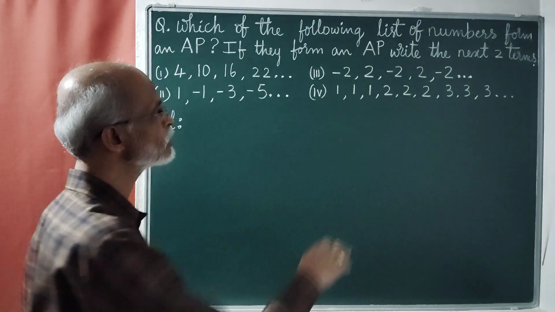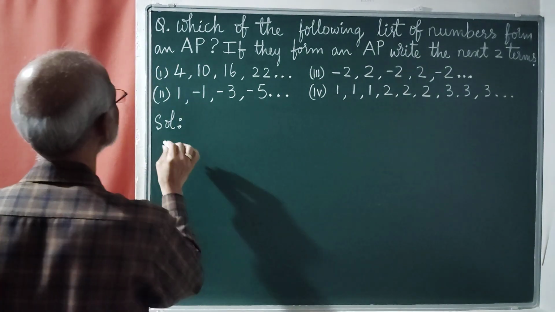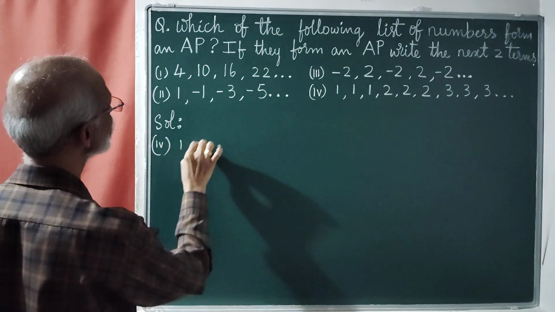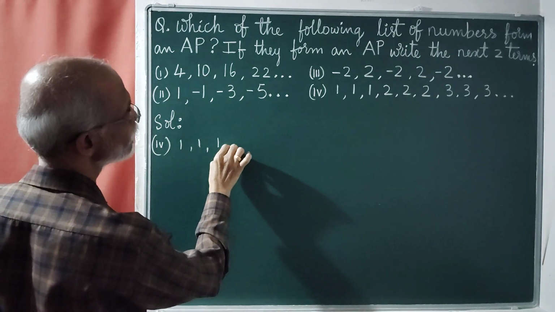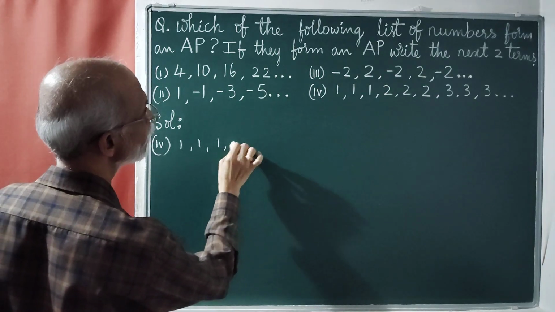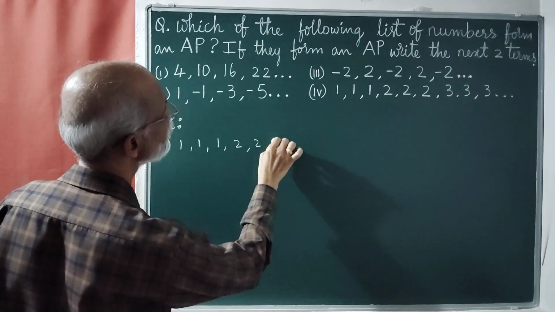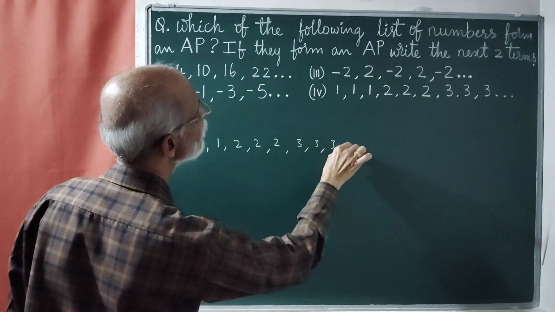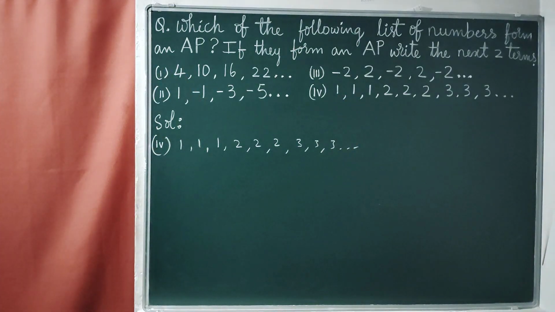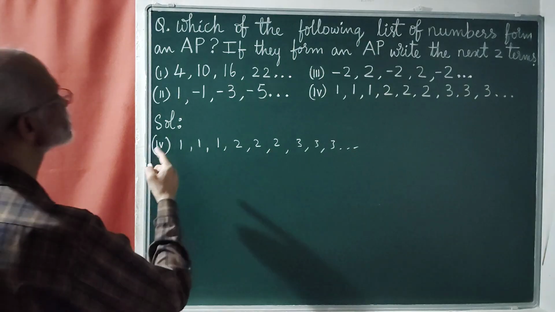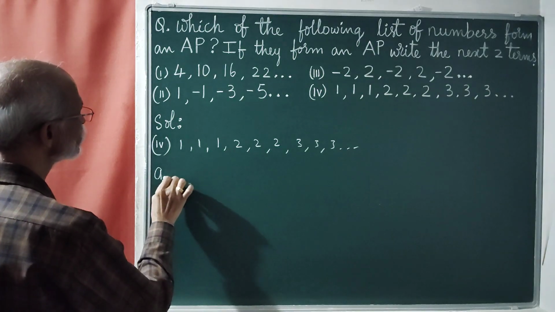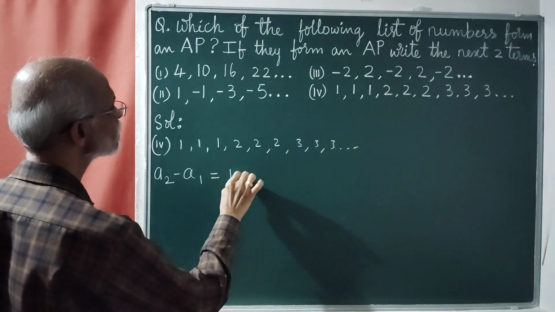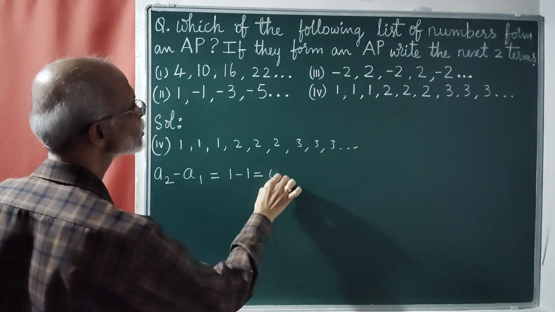Now we will take the fourth list. One, so here A2 minus A1, that is 1 minus 1 is 0.